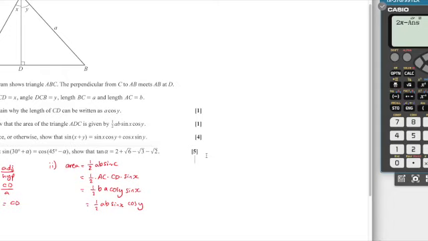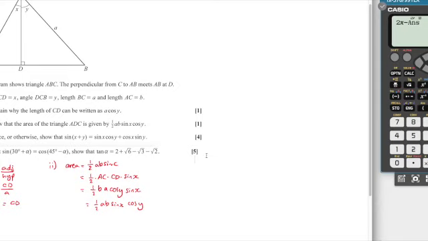Hence or otherwise, show that sine of x plus y equals sine x cos y plus cos x sine y. Hence or otherwise. How am I going to show this? Right, well, what have we got?